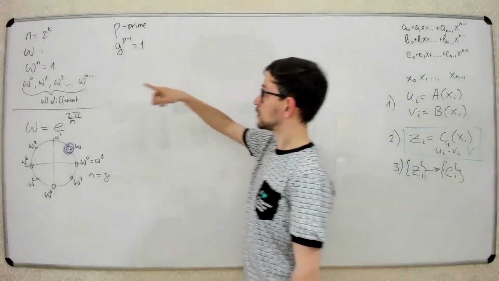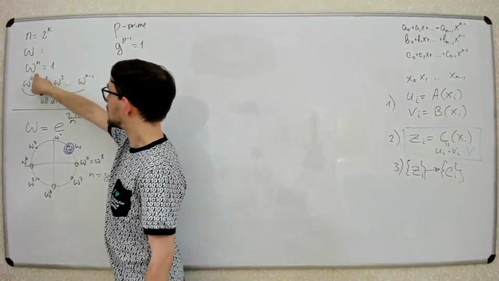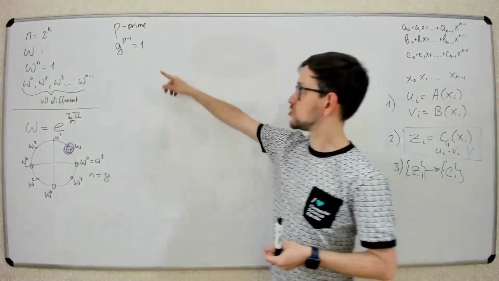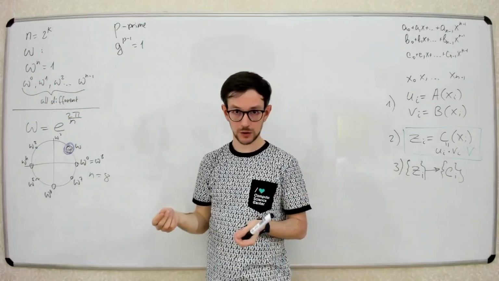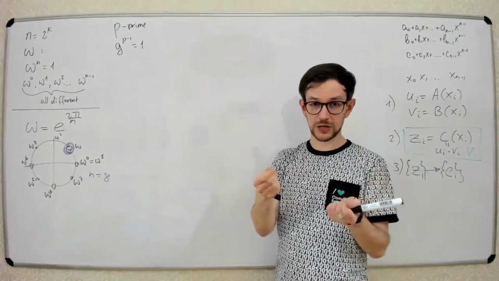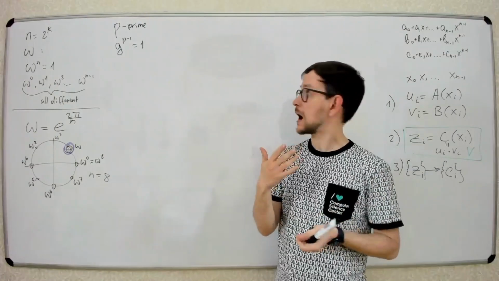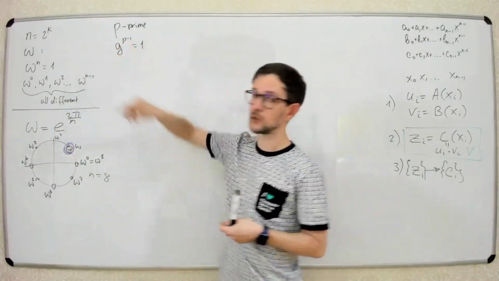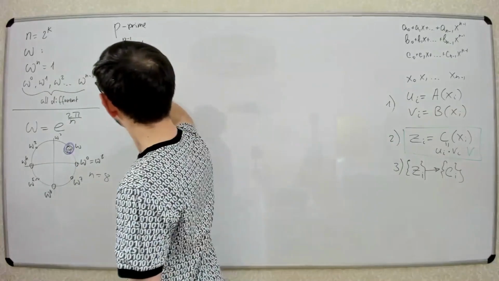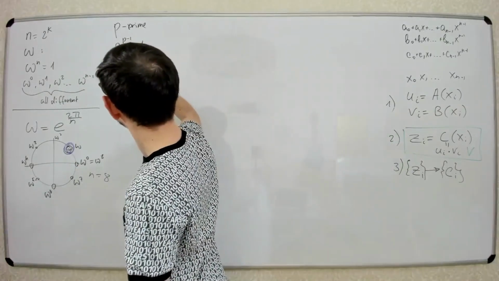Now I want a number w such that it has period n, and my generator has period p minus 1. So to have a number which has period n, first of all, I need p minus 1 to be divisible by n. So it only works if p minus 1 is divisible by n.